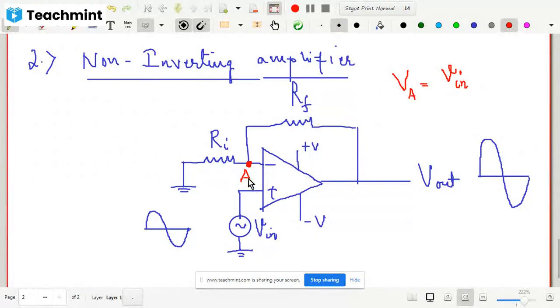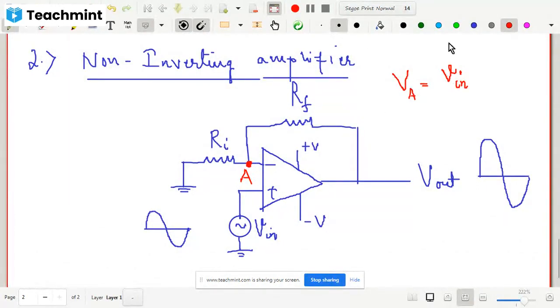Whatever is the potential of this plus terminal, now it is not 0 volt, now it is V in. That same potential would be at this node also. That means the voltage at this point is V in. Okay, fine. So that point you need to remember.